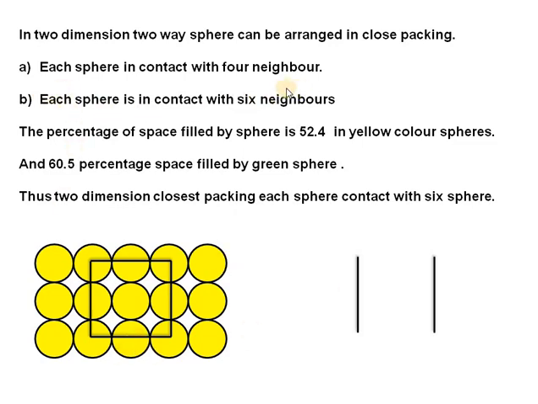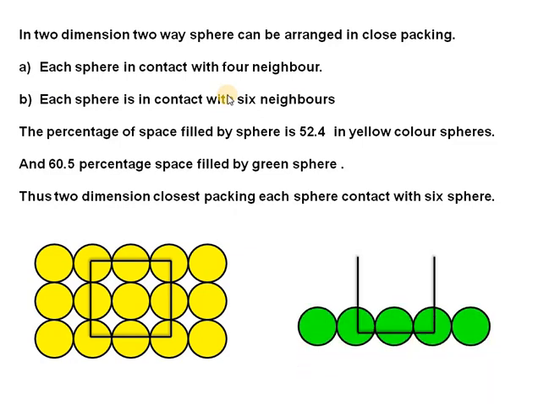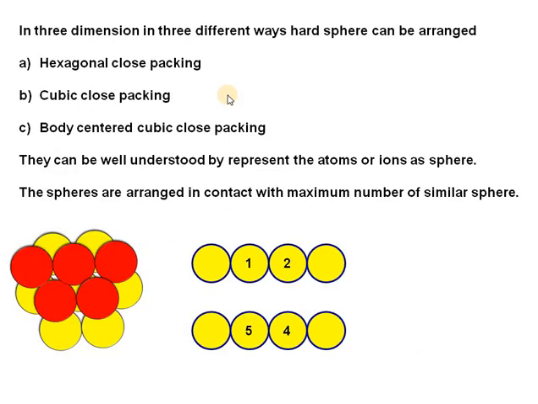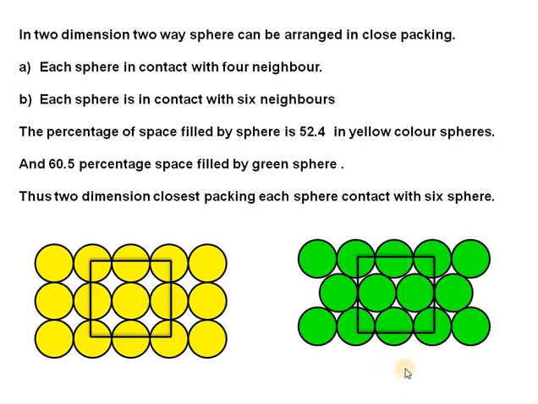Similarly, in the second way, the spheres can be arranged in close packing like this. These diagrams clearly show how many spheres can be in contact with each other.